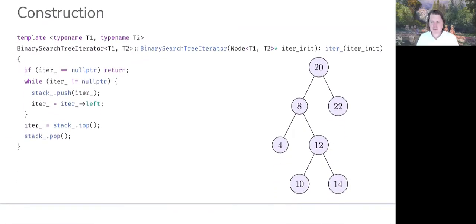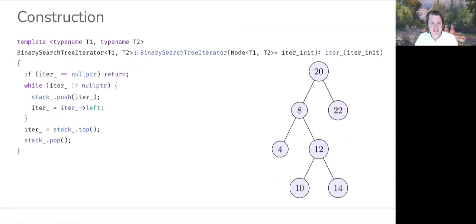So let's run through the implementation. The setup of the constructor is quite easy. We're passed in some sort of root node, and what do we have to do? We have to get to the first node that would present in an in-order traversal. So at the end of this, we want our iter data member to point to that element.